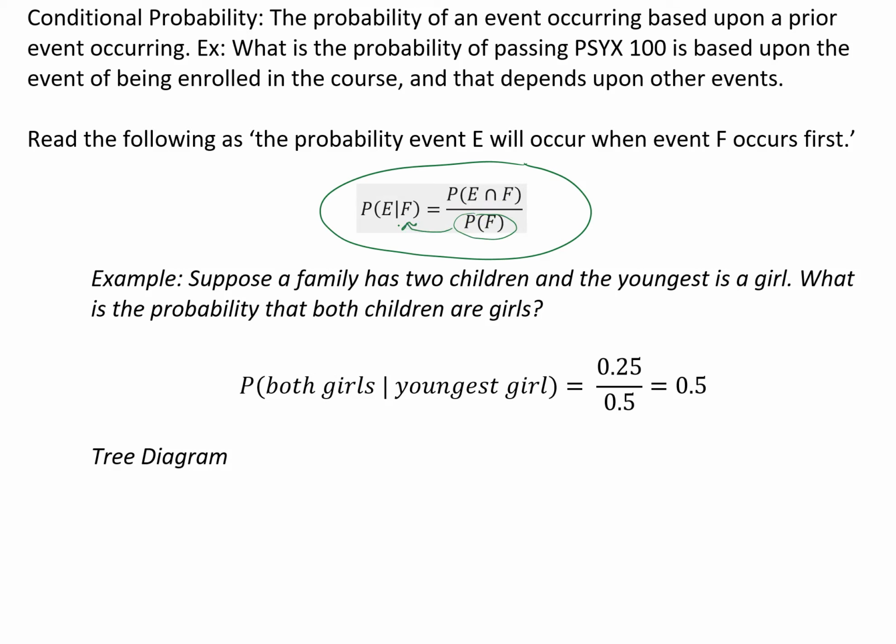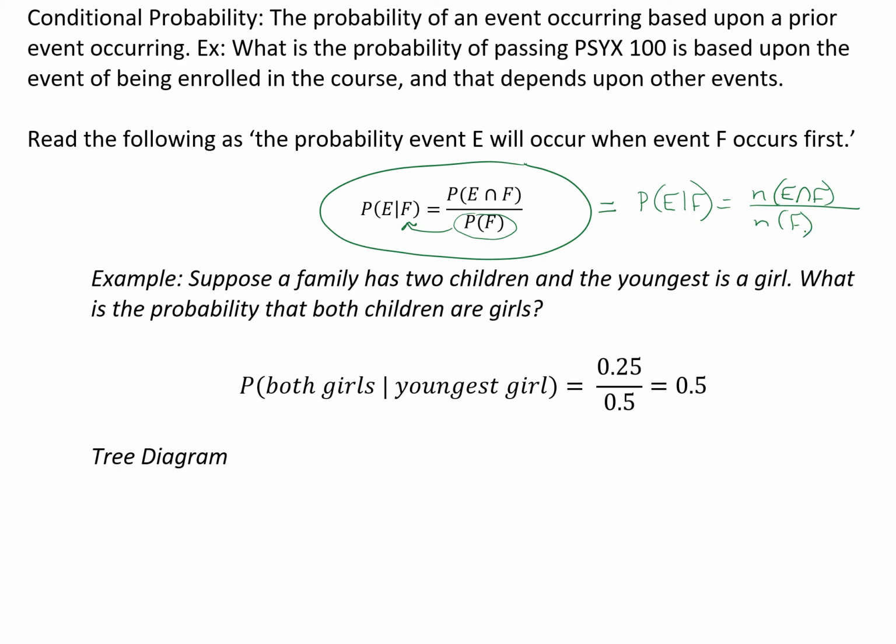This same formula can be simplified down if you happen to know that you're dealing with outcomes of a particular set having an equal chance of occurring. Then you could say that the probability of E given F is equal to the number in the intersection of E and F divided by the number in F.